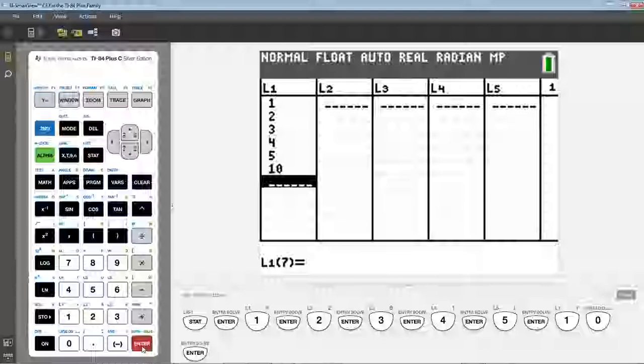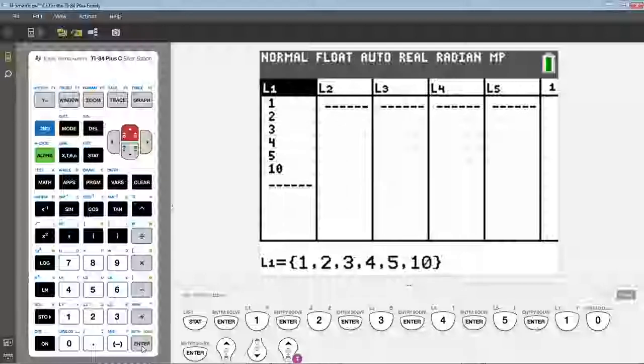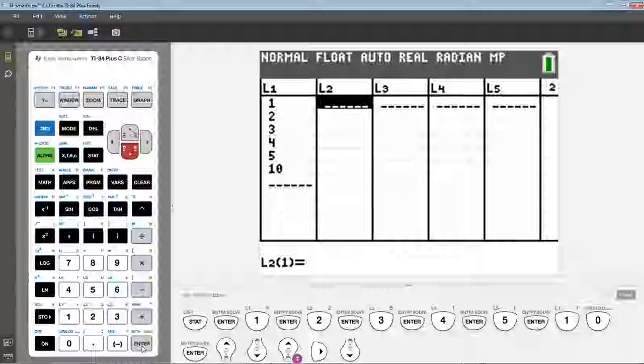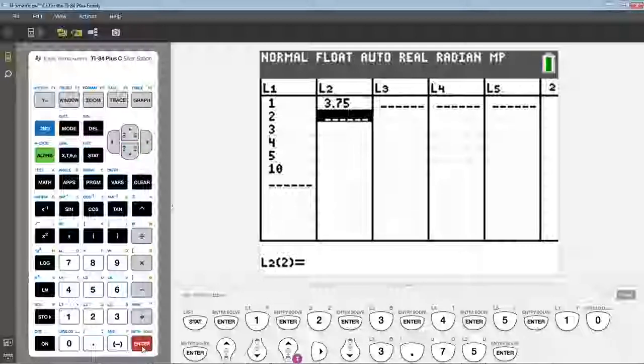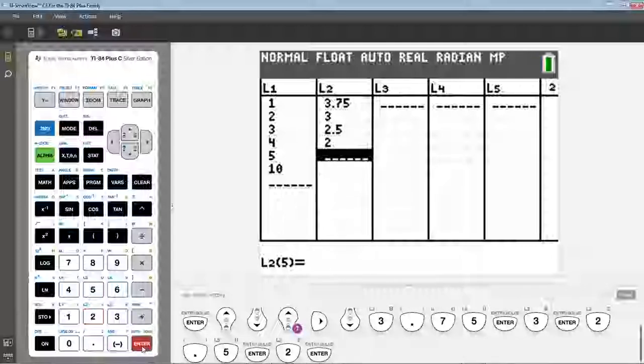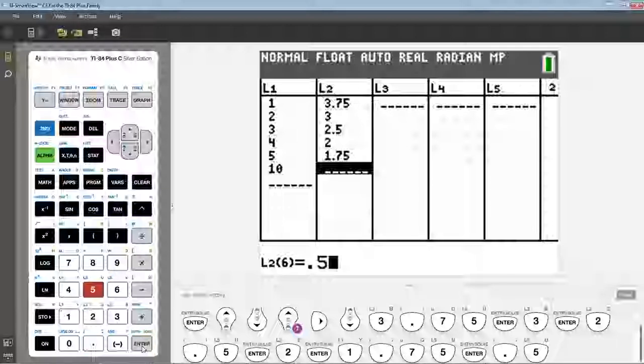The most common mix-up is students type 6 right here. Make sure you put 10, and then go over to L2, and then you'll put in the price per pound, 3.75, 3, 2.5, 2, 1.75, and 0.5.